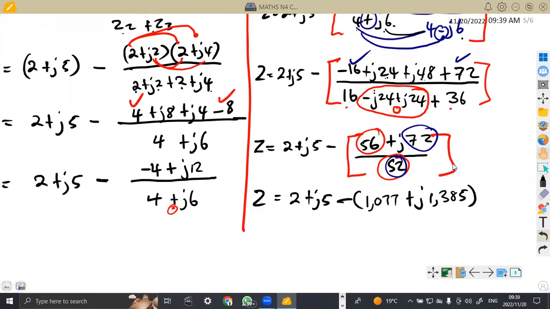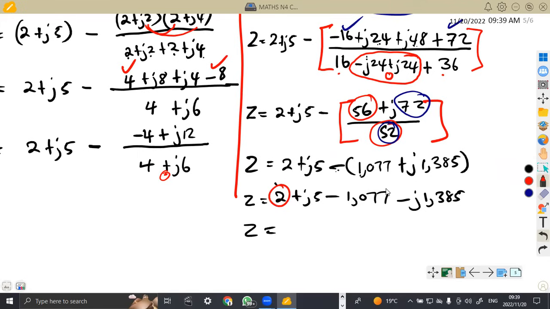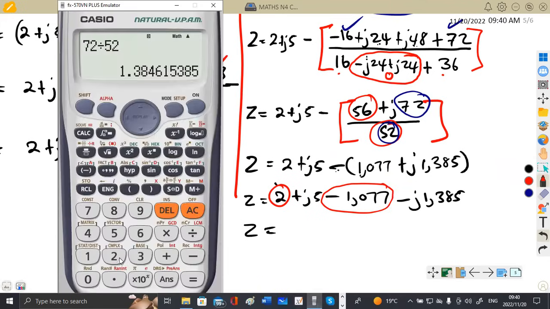Therefore, you can expand the brackets. So Z was going to be 2 plus J5, minus times this, which is 1.077, minus times this, which is minus J1.385. So therefore, we can collect like terms. 2 minus 1.077, that's 0.923.